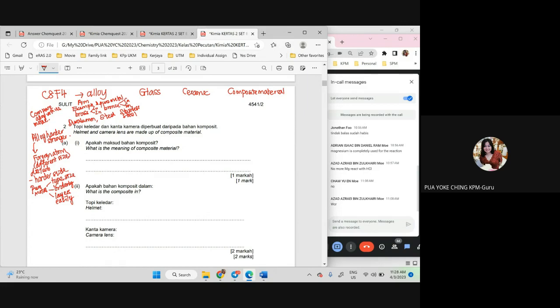Okay. And then drawing for the alloys. Remember, alloy buat foreign atom. Maybe 2. And then do the small one, which is not in orderly arrangement. Maksudnya, cikgu nampak ada lagi lubang. Macam ni pun dah cukup.